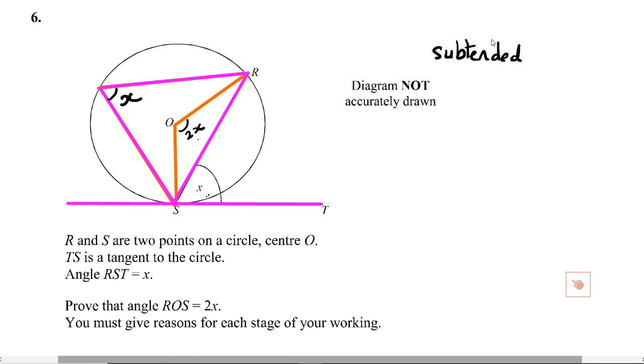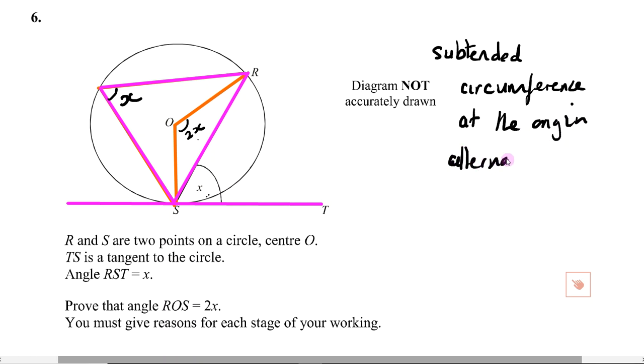Subtended means created, basically. When you put lines subtended, we've got something like on the circumference, at the centre. We've got the alternate angle rule and that kind of thing. Those are the kind of words that we're expecting to see. So proper, consistent mathematical terms.